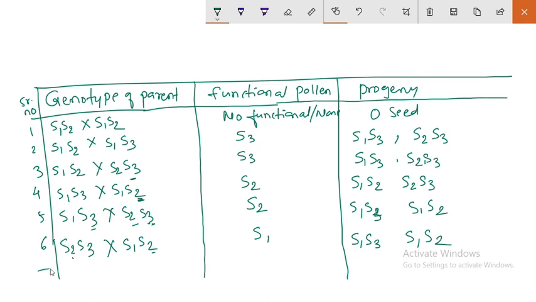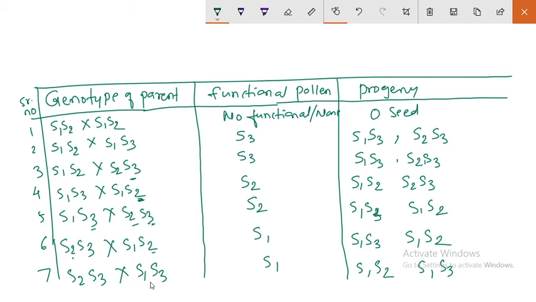Then the second case: S2 and S3 is crossed with S1 and S3. S1 is the only functional one, so it produces S1, S2 and S1, S3.